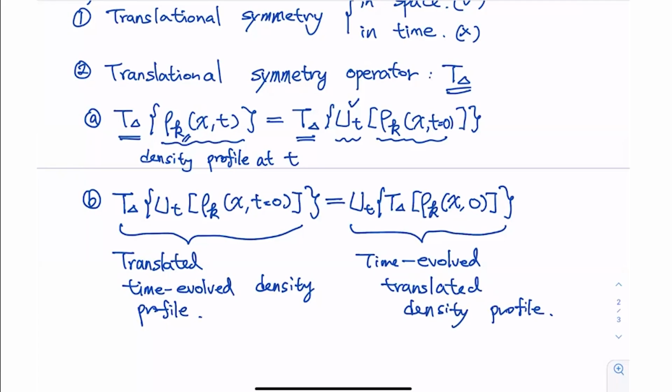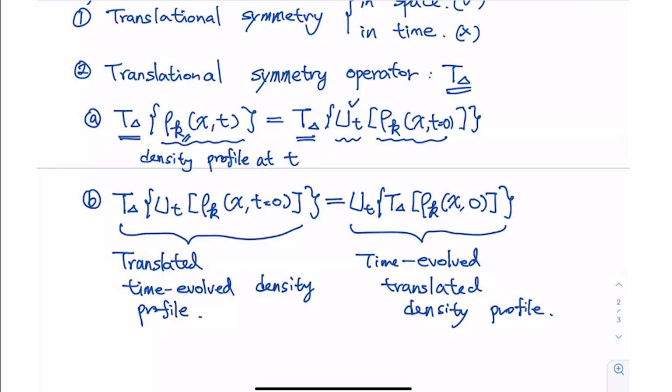So instead of what we did previously, we take a density profile and shift it somewhere with a distance delta. And after we shift our initial profile, we evolve it using this evolution operator ut. The fact that these two are equivalent is basically a property that our system is translationally invariant.